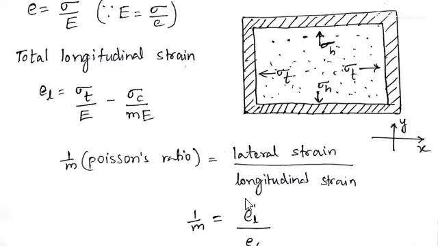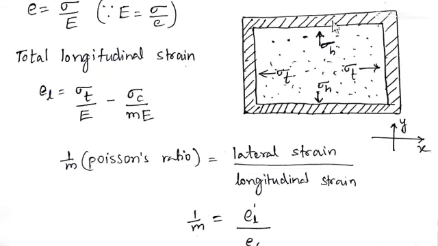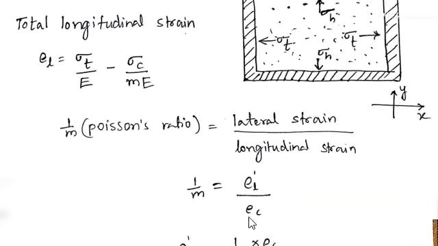Here I am writing dash because it is the strain in the lengthwise direction because of the stress in the circumferential direction, so it is a secondary strain or lateral strain, by longitudinal strain, which means strain in diameter direction because of the stress in diameter direction, which is nothing but EC, circumferential strain.